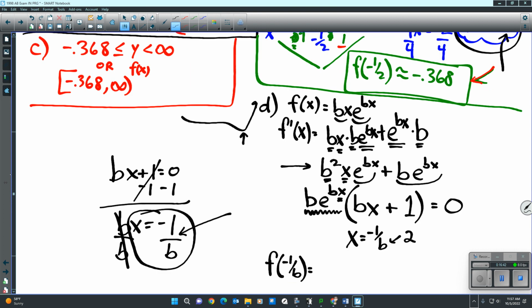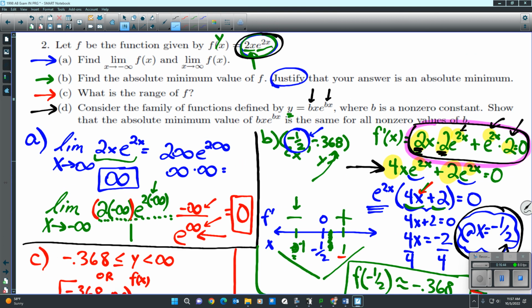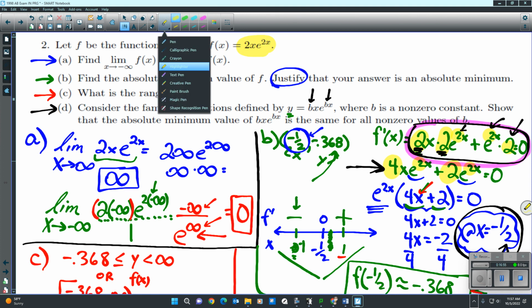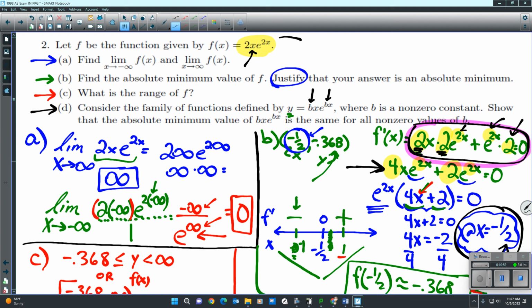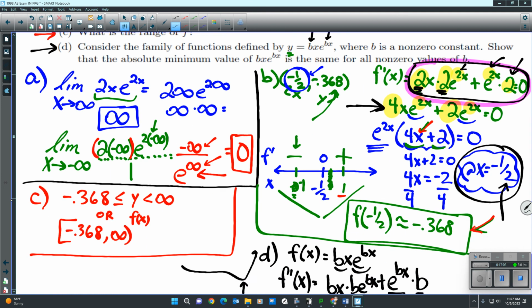I'm going to go all the way back to the original equation, this thing right here. And in for my x, which would be here and here, I'm going to throw in a negative 1 over b.